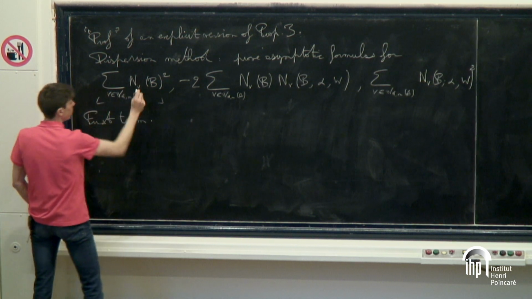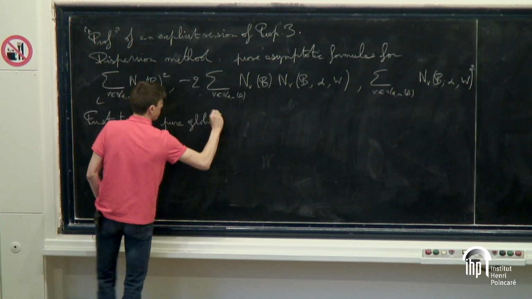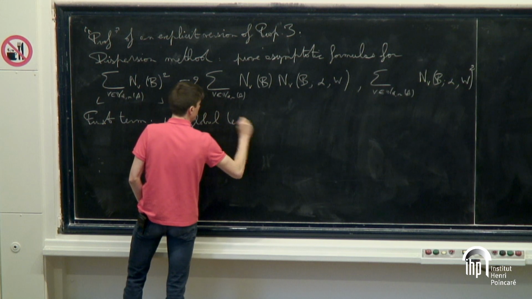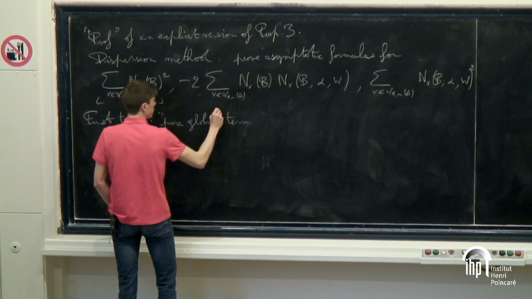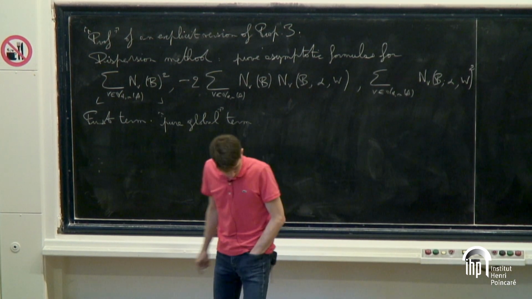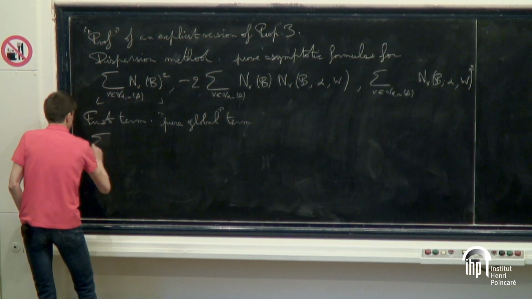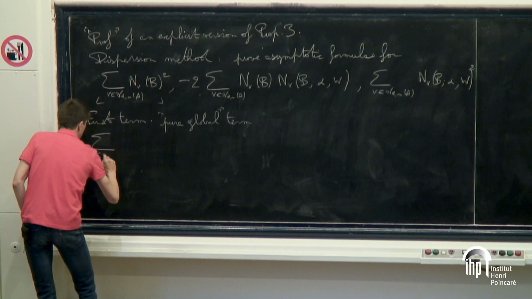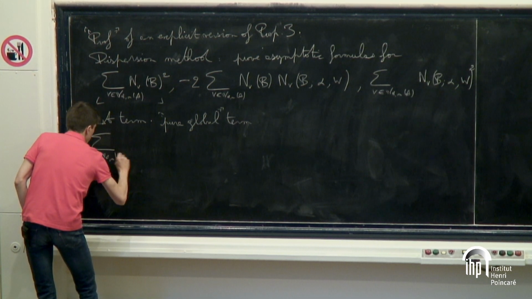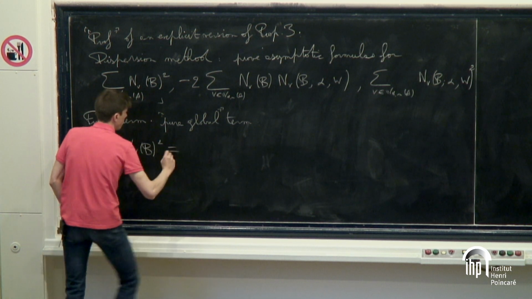So it's the pure global term, if I may say this. So let's see. So okay, what is it? So the sum over V in VDN of A of NV of B squared.